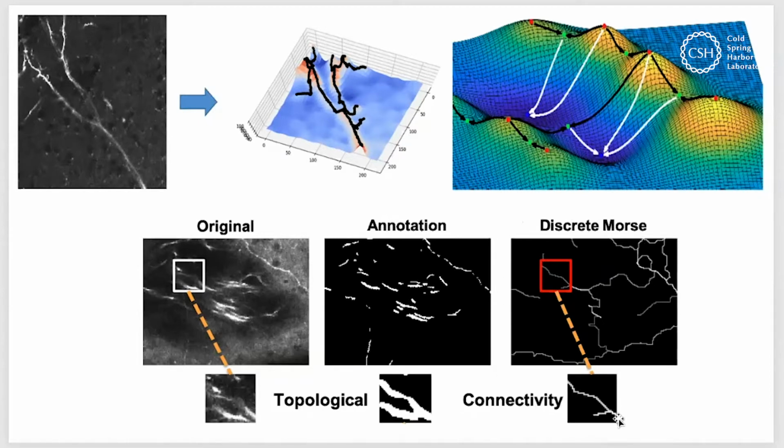So if you go on the bottom panel to the very left, that's the original image, and you can see there's this somewhat faint region, and in the middle, in fact, the human annotators missed that particular connection, and when we trained a deep net, it also showed similar misses.